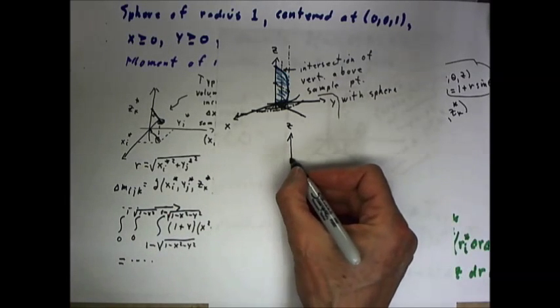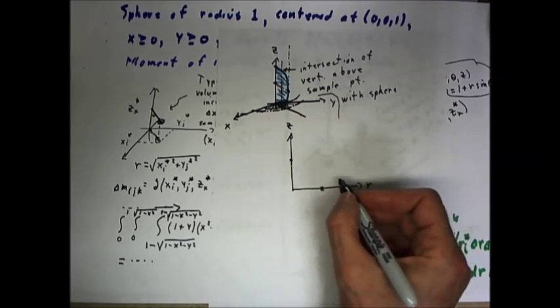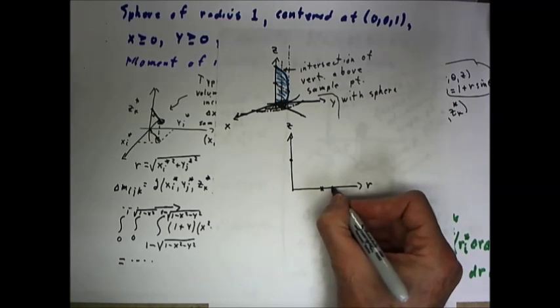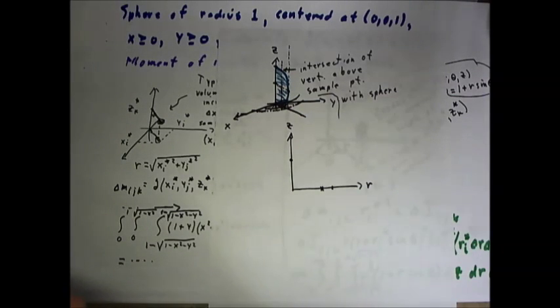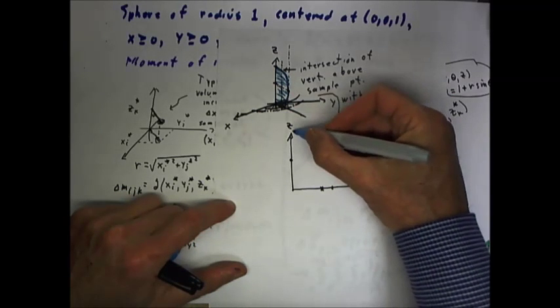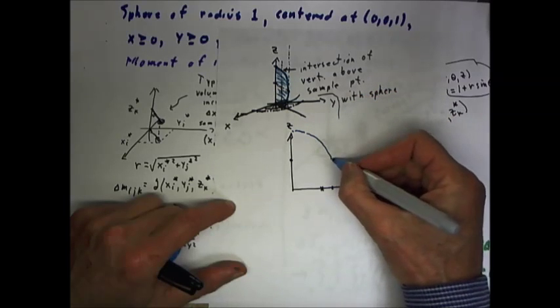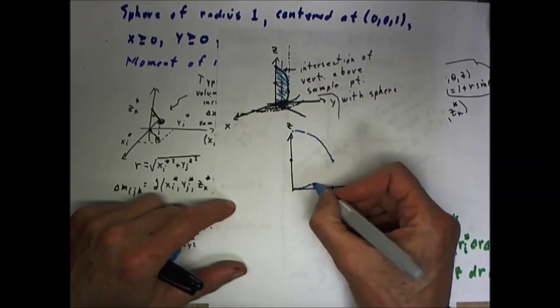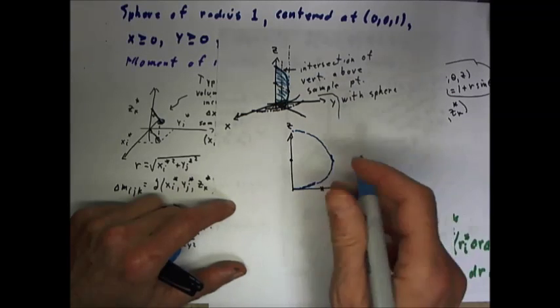Our half circle is going to be centered at z equals 1, and let's say r equals 1 is out here. And this is not going to correspond too well with what I've pictured, but our half circle is going to look something like this.